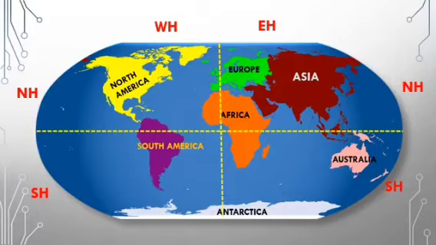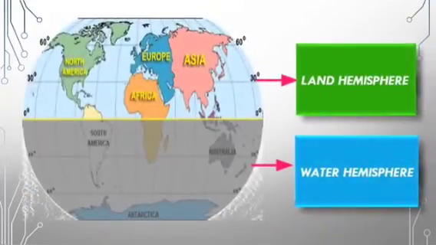The area above the equator is northern hemisphere. The area below the equator is southern hemisphere. Northern hemisphere is called land hemisphere and southern hemisphere is called water hemisphere.